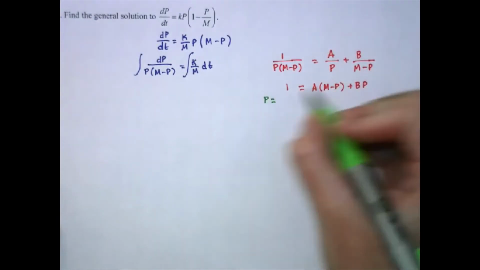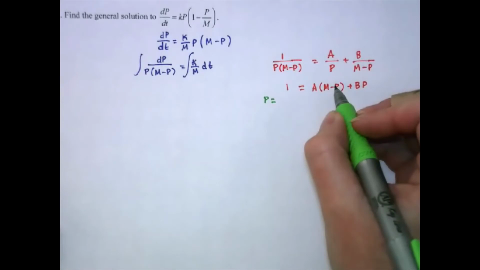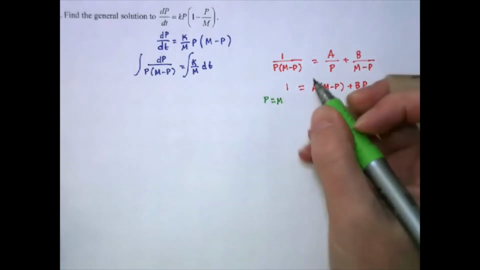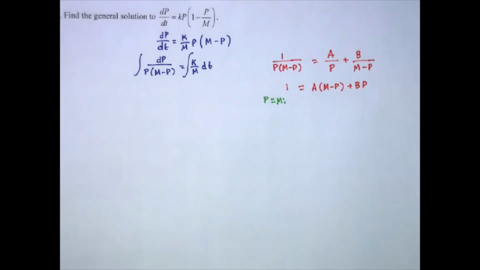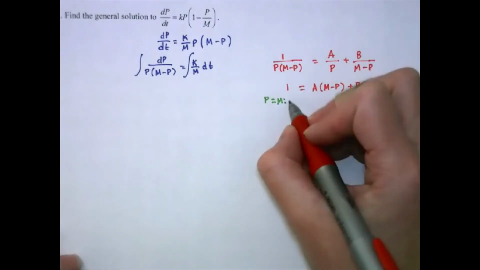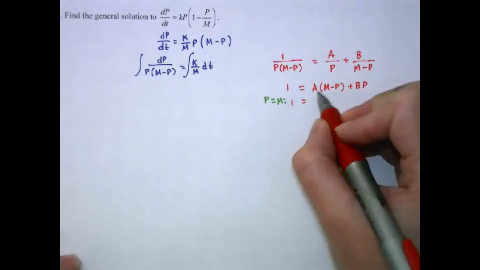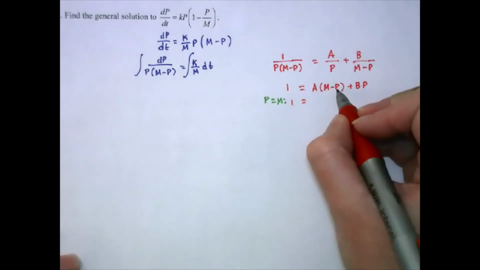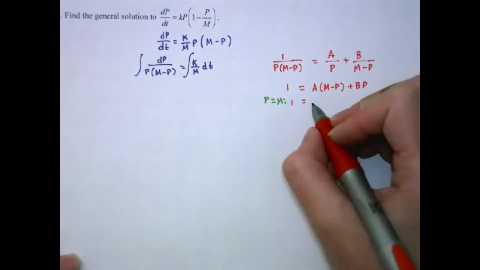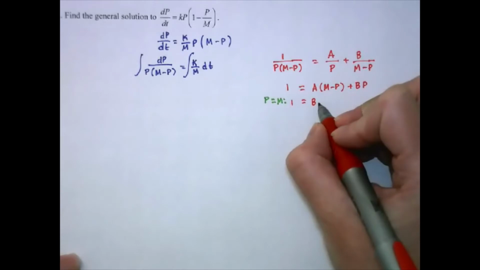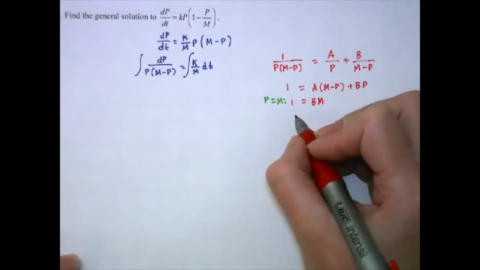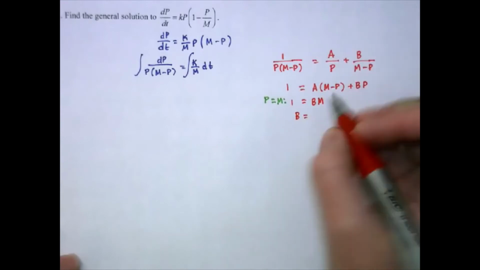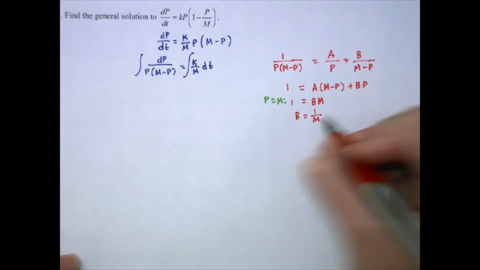Then we pick our convenient values of p in this case. So to get rid of this one, I'm going to let p equal m. I know this is a little bit weird since we're dealing with letters and not numbers, but it all works out the same. So 1 is going to equal, this is going to go away because m minus m is 0, so we're going to have b times m. We're solving for b, so b is going to equal 1 over m.